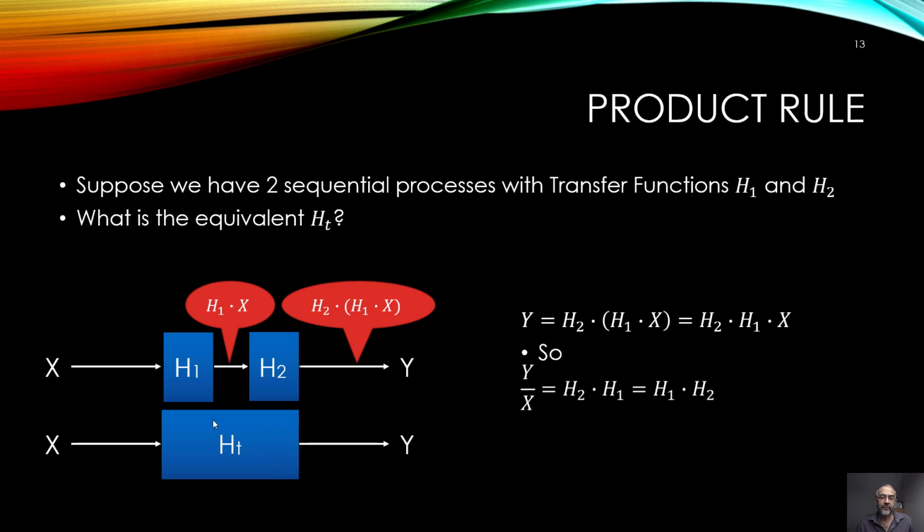The transfer function of this whole system is simply H1 times H2 or H2 times H1, whatever you prefer. It's the same. So that's what we call the product rule.